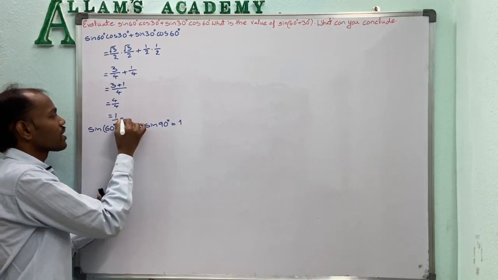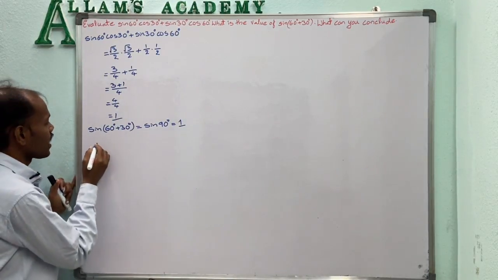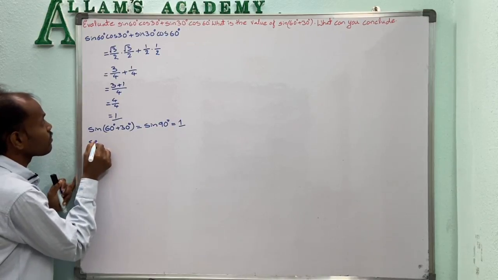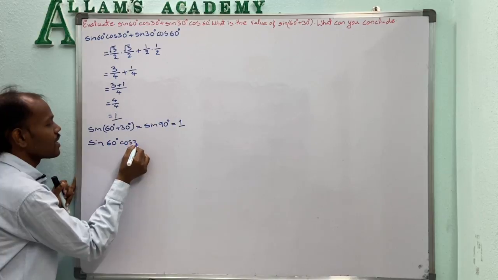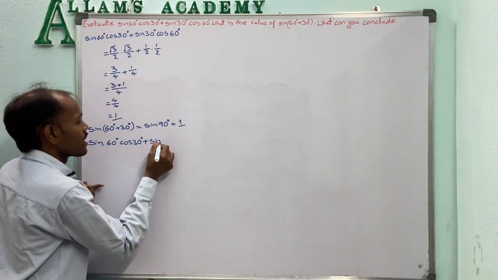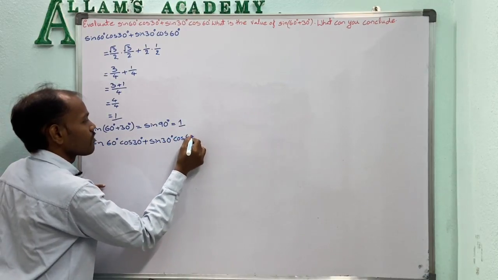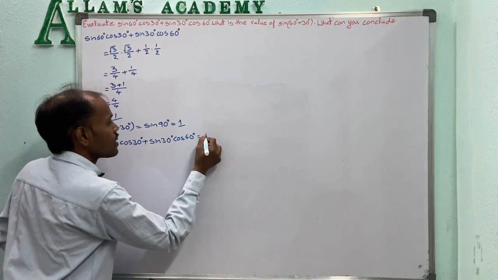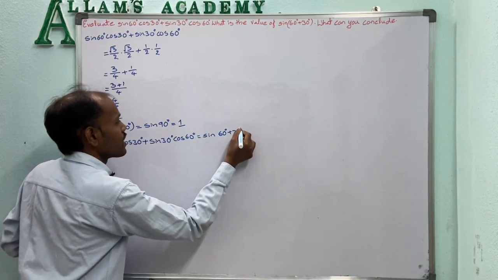So here in both cases we get the same result. That means here we can write sin 60 degrees cos 30 degrees plus sin 30 degrees cos 60 degrees equals sin of 60 degrees plus 30 degrees.